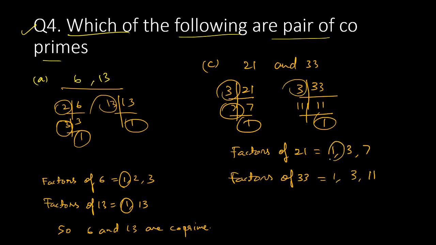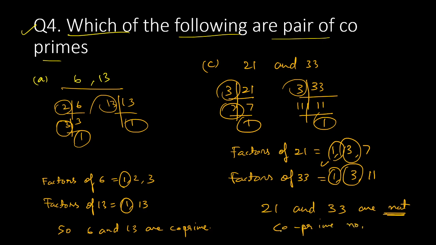Now what are the common factors? 1 is a common factor and 3 is a common factor. So if the numbers have any other common factor than 1, then they are not co-prime numbers. Only 1 should be the common factor, not any other number. So we can say that 21 and 33 are not co-prime numbers.